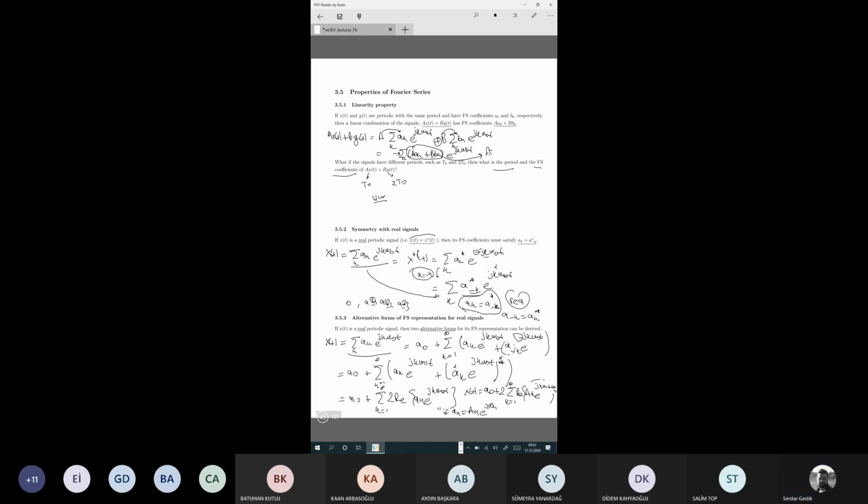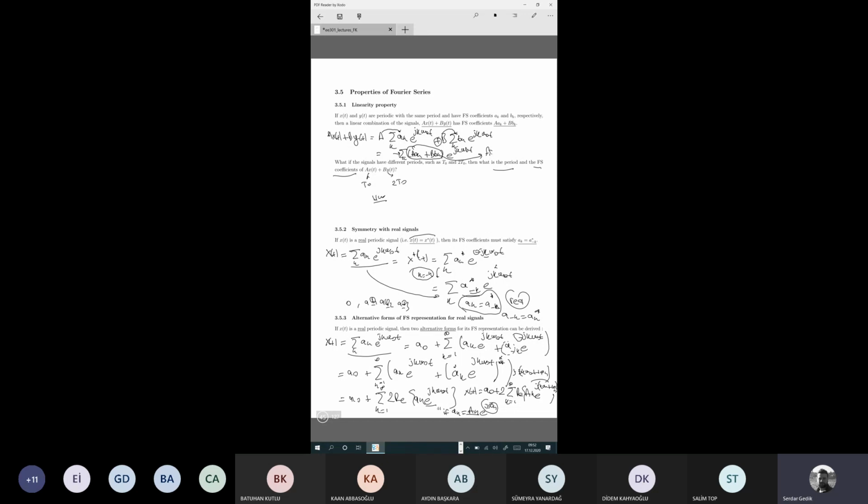Of course, this is the exponential term multiplied with this term, so I sum the phases. So e to the power j k omega 0 t times e to the power j phi k is e to the power j times k omega 0 t plus phi k.